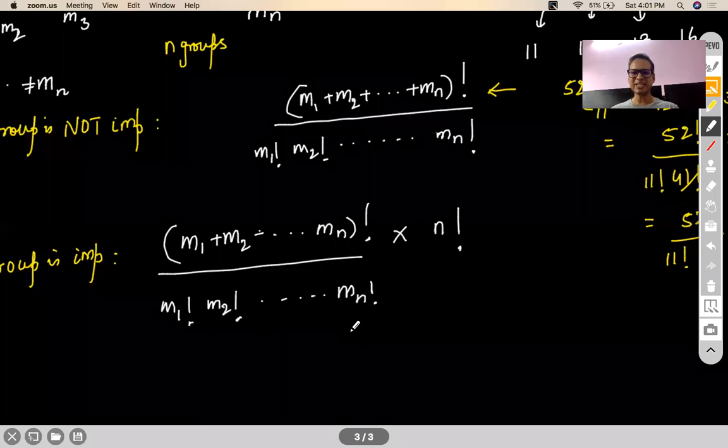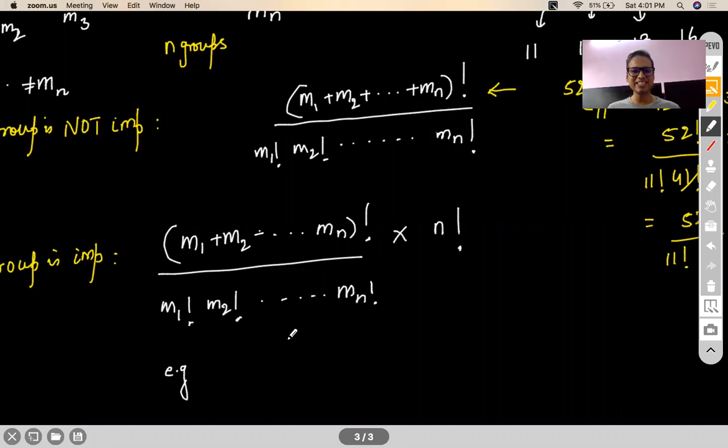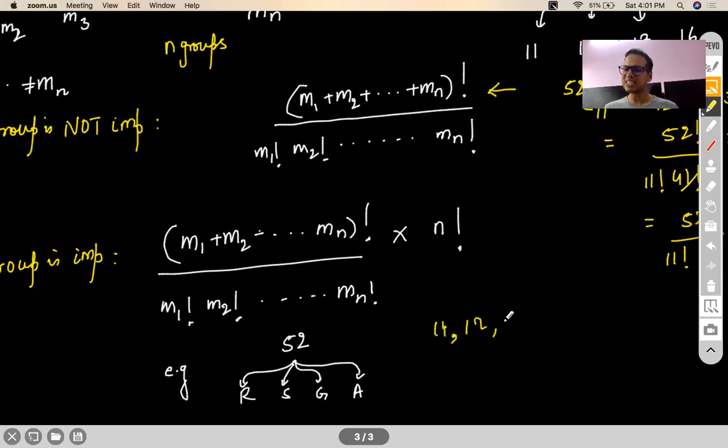So the same question, if I say, in how many ways can you distribute 52 cards to 4 players, Ram, Shyam, Ghanshyam, Abhiram, such that one gets 11, other gets 12, other gets 13, and the fourth one gets 16. I have not named anybody. I never said Ram should get 11. I never said Shyam should get 12.